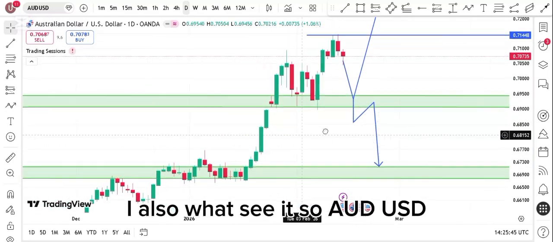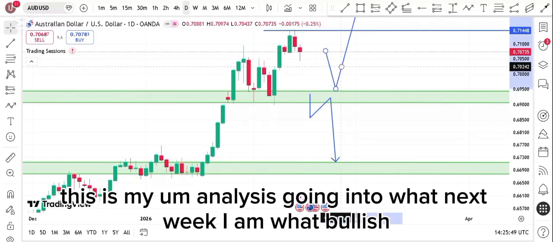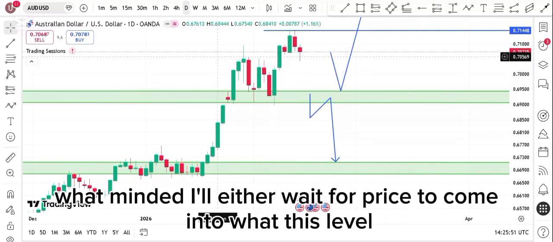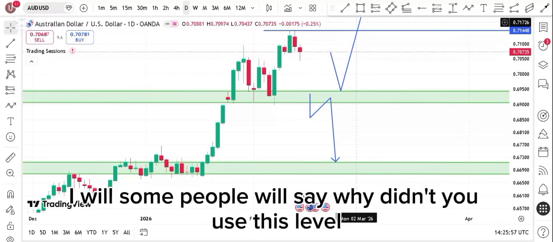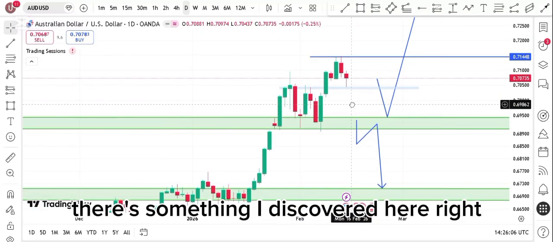So AUD USD, this is my analysis going into next week. I am bullish minded. I'll either wait for price to come into this level. Some people will say, why didn't you use this level? I don't want to use this level because there is something I discovered here.